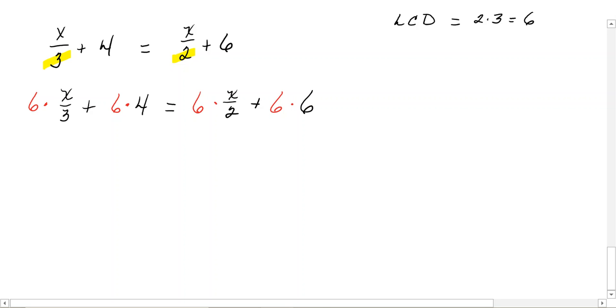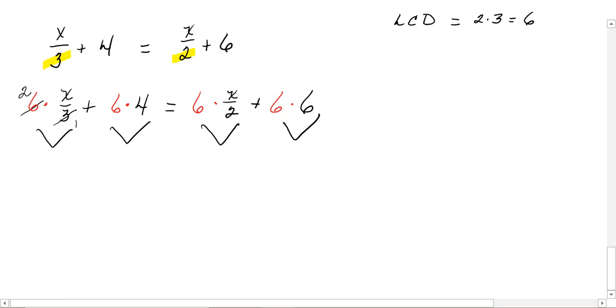On this problem, I have 1, 2, 3, 4 products to look at. The first one, the 3 is a fraction. It's a denominator of a fraction. 3 goes into itself once. 3 goes into 6 2 times.